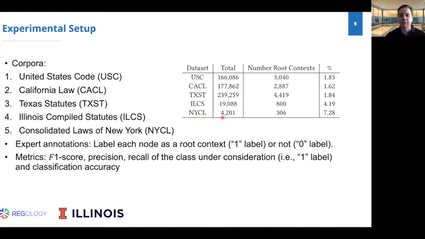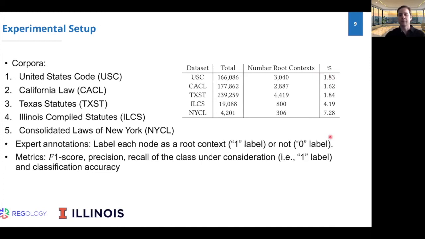The second column has the total numbers of nodes in the graph. So these are chapters, subchapters, title, sections, and so on. Third column has the number of root contexts that are identified within each corpus, which is a subset of all of the nodes in the corpus. And the very right column shows the percentage of root contexts out of all the nodes in the corpus.